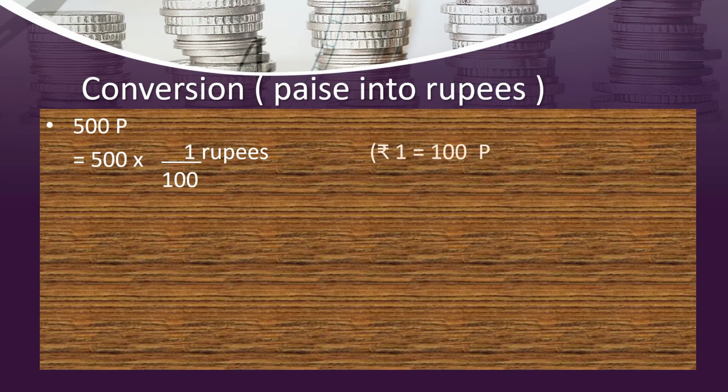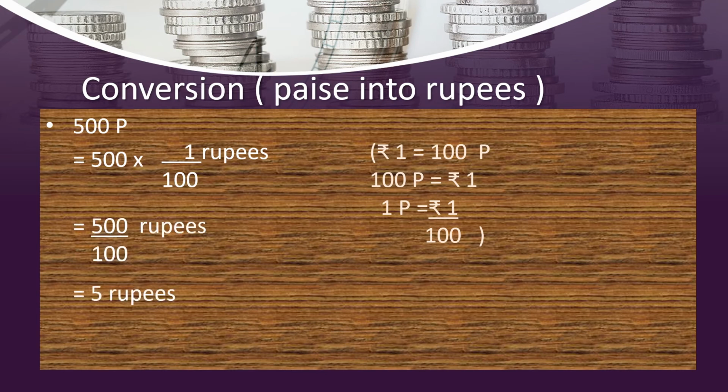I can also write 100 paise is equal to rupee 1. So 1 paisa is equal to rupee 1 by 100. So when I do the calculation here, it becomes 500 divided by 100 rupees, which is equal to 5 rupees, or rupee 5.